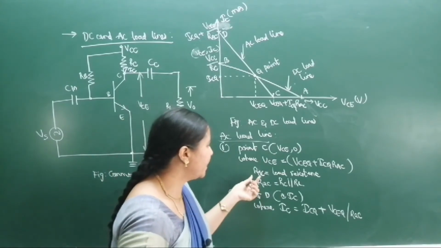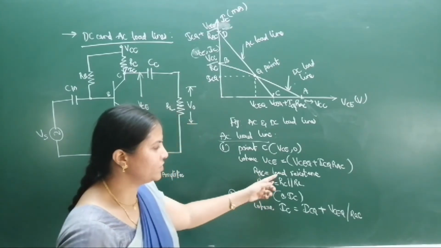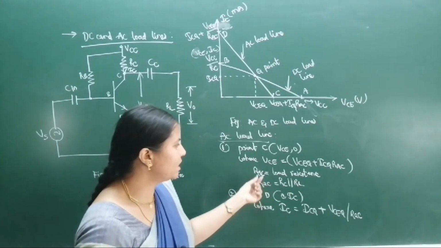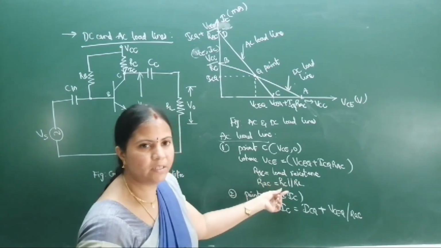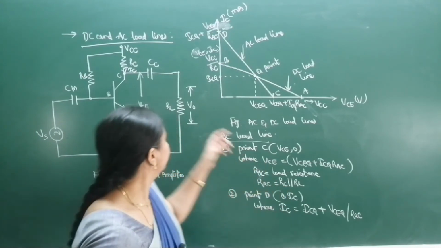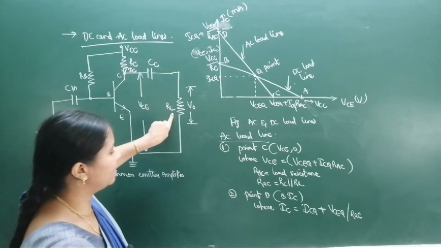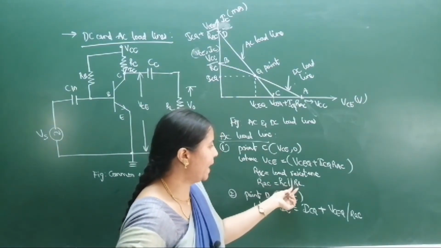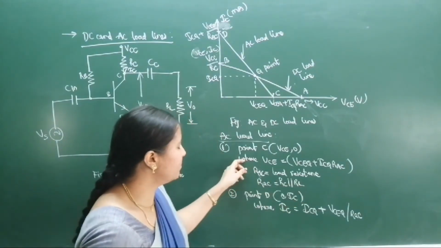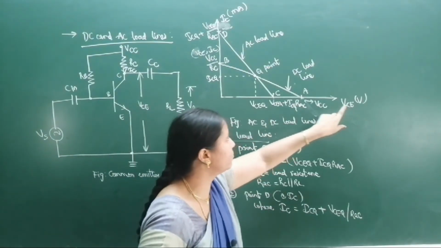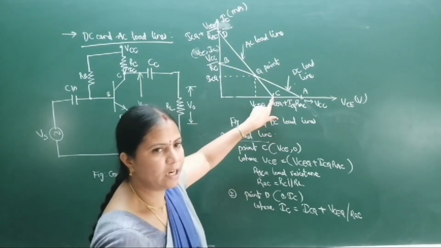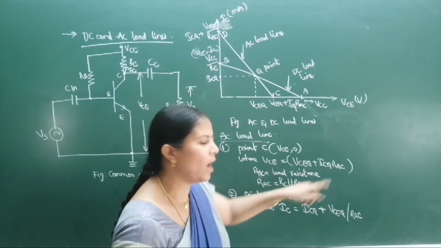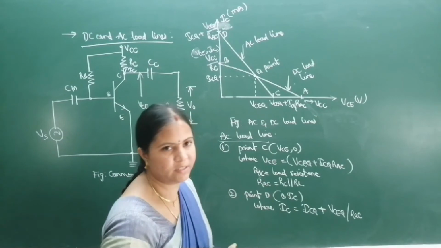Here RAC is the effective load resistance. RAC is equal to the collector resistor in parallel with the load resistor, so RAC equals RC parallel with RL. The maximum collector to emitter voltage is equal to VCEQ plus ICQ into RAC.